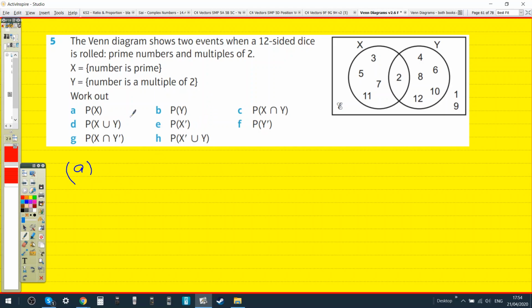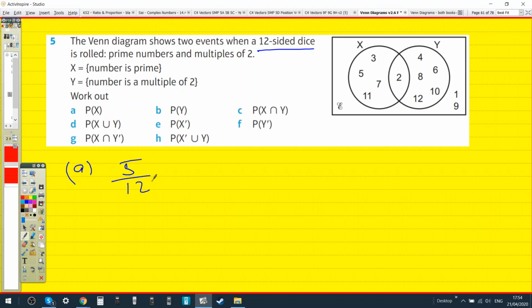It's just what a 12-sided dice can land on. So what's the probability it lands on something for X? 5 out of 12. That's it.